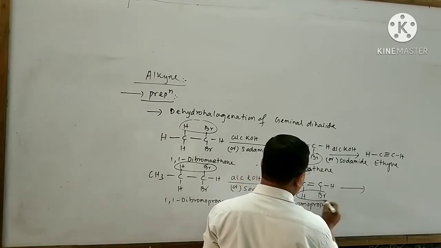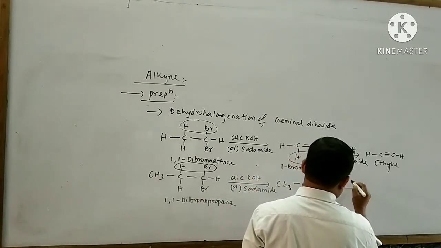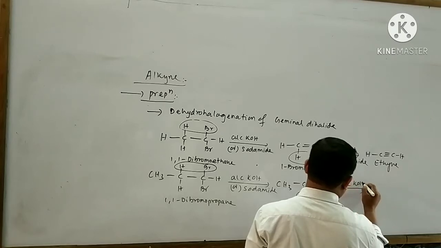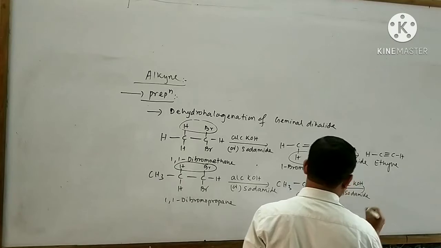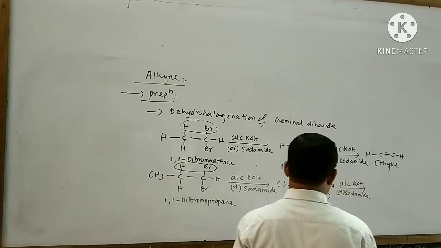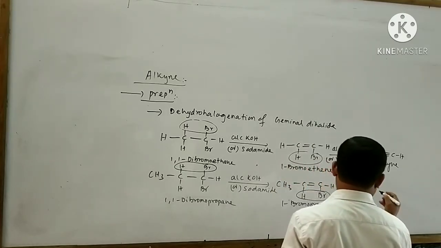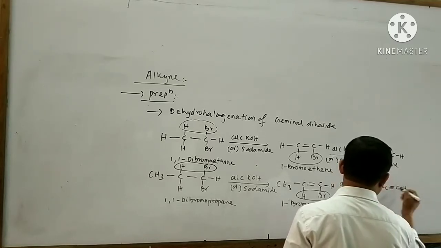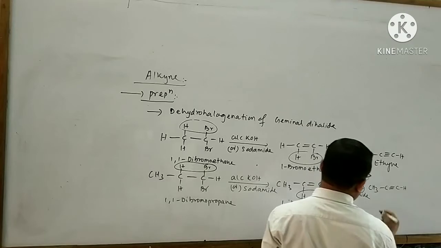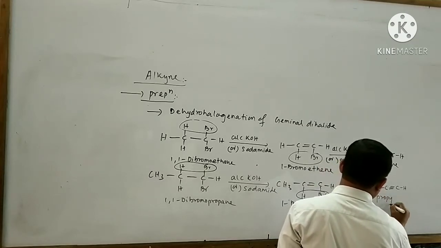Again, another molecule of HBr is removed like this. I can write the product like this: CH3, bond C, triple bond C, bond H. The name of this product is said to be propyne.